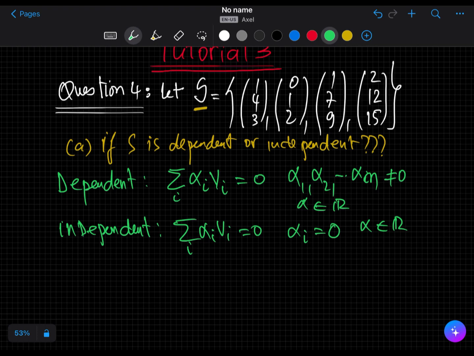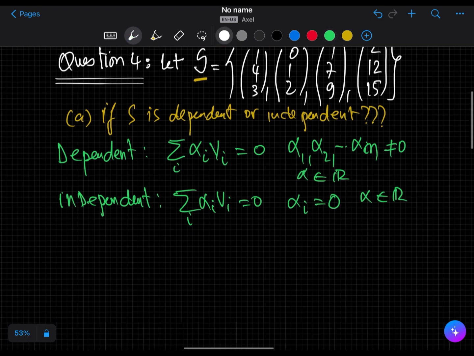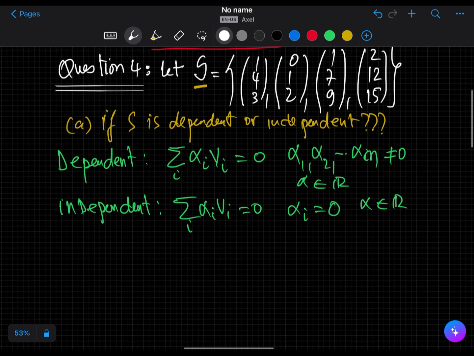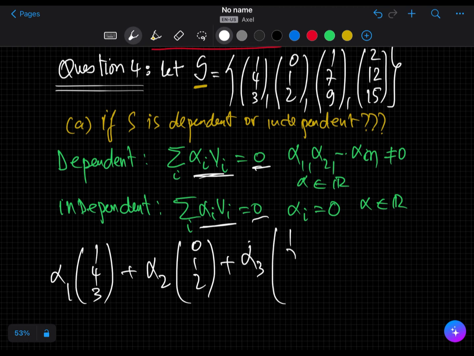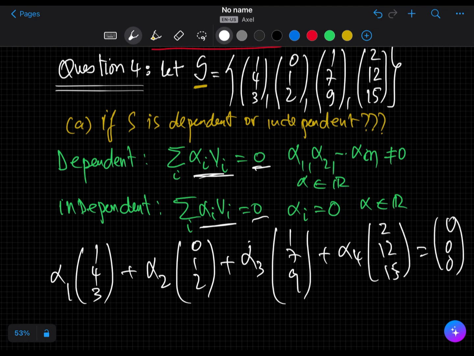So if we put it in the form of a matrix, you can write this sum equal to 0 as alpha 1 (1, 4, 3) plus alpha 2 (0, 1, 2) plus alpha 3 (1, 7, 9) plus alpha 4 (2, 12, 15) equals (0, 0, 0).